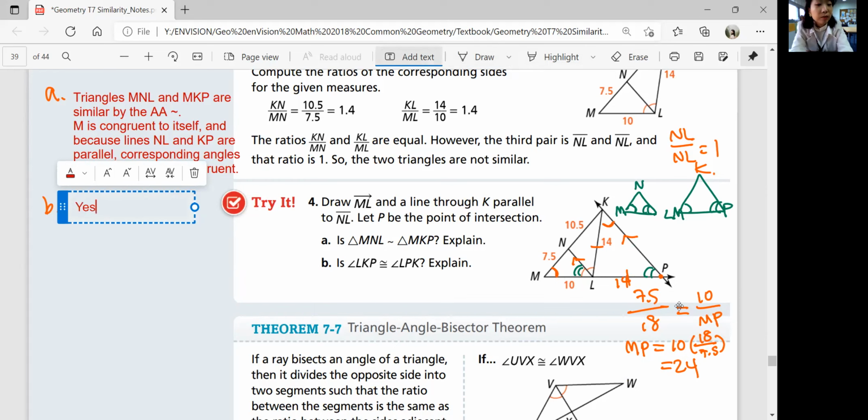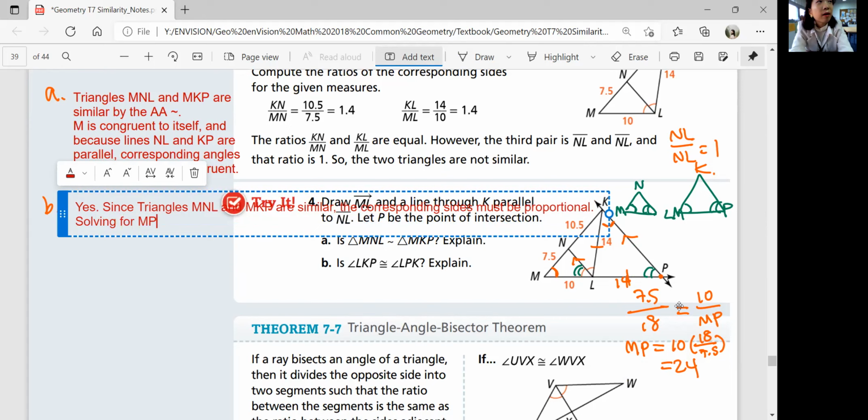So yes, we can say since triangles MNL and MKP are similar, the corresponding sides must be proportional.